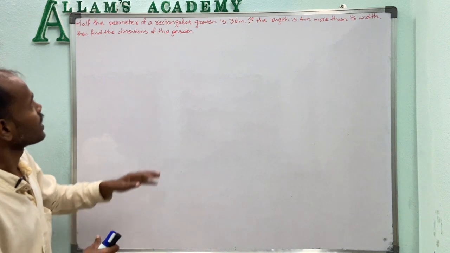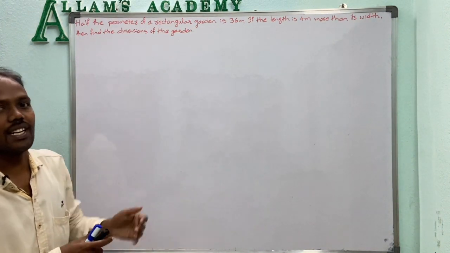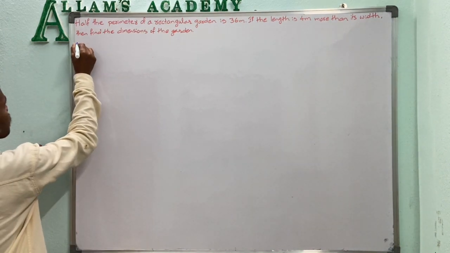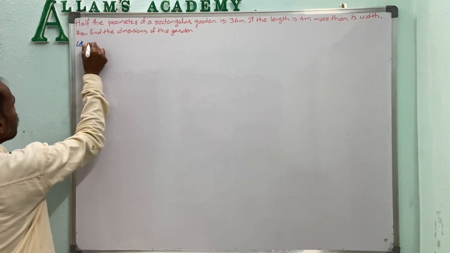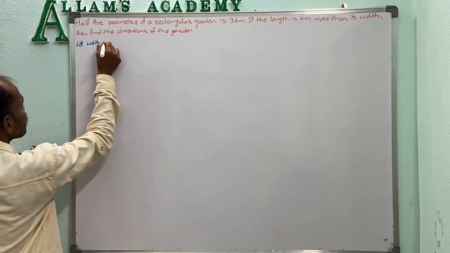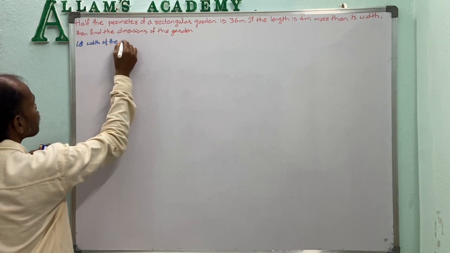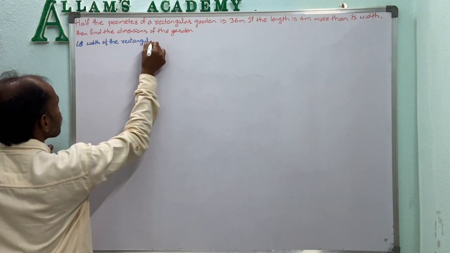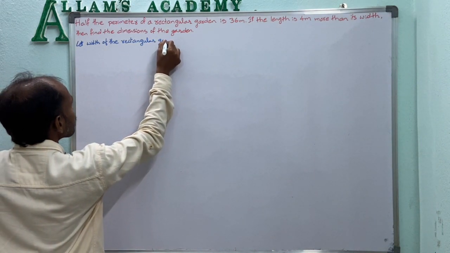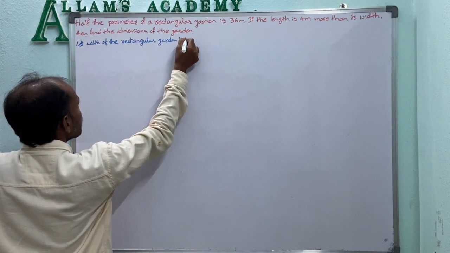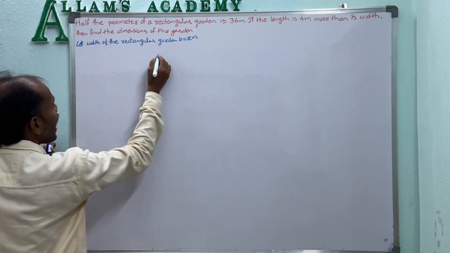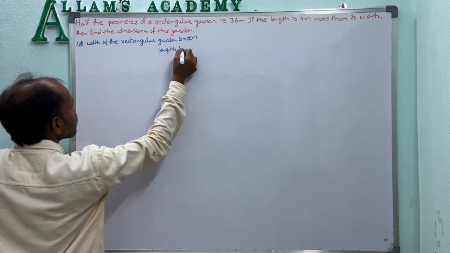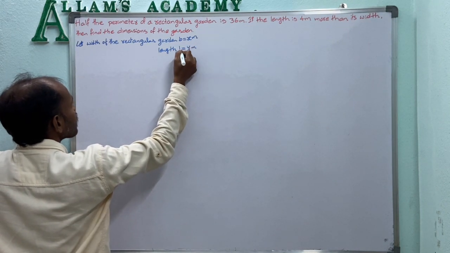Here the breadth and length of the garden are not given, so we have to assume them. Let the width of the garden be x meters and its length be y meters.